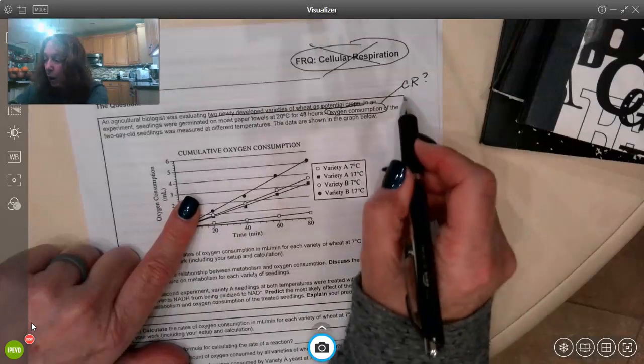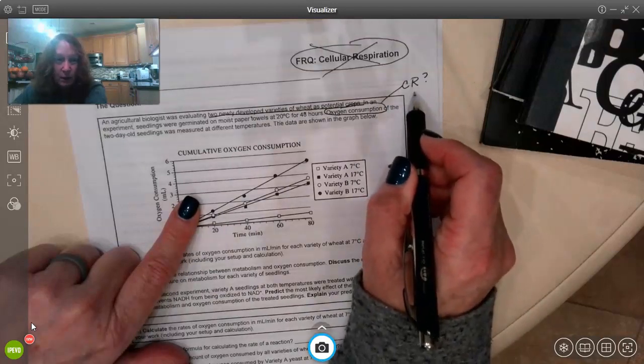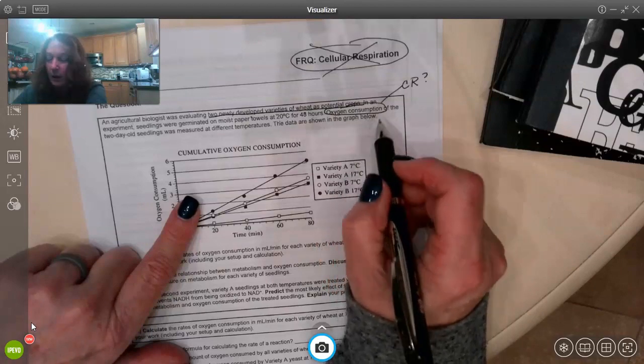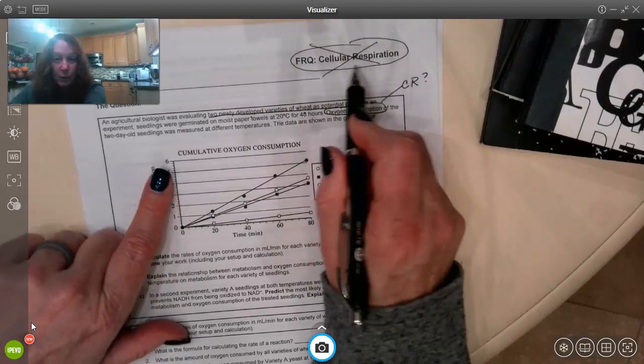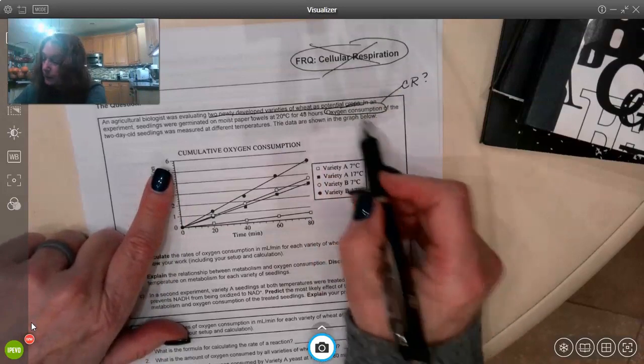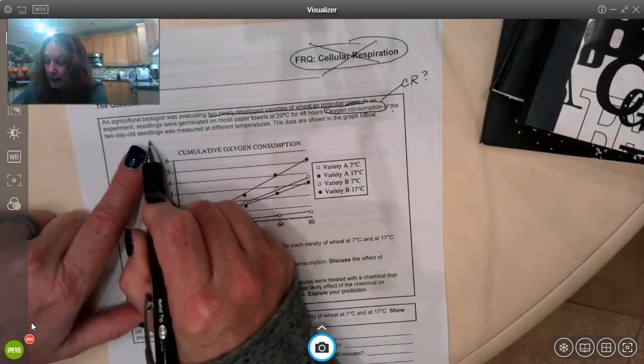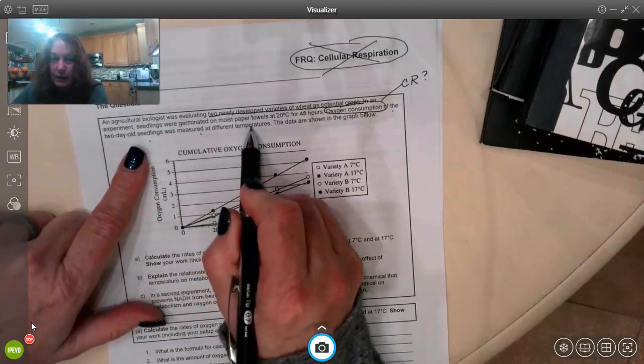Because always in cellular respiration, you're going to consume oxygen. And so that's a very easy thing in the lab to measure. They wouldn't have given you this heads up. So oxygen consumption of the 2-day-old seedlings was measured at different temperatures.